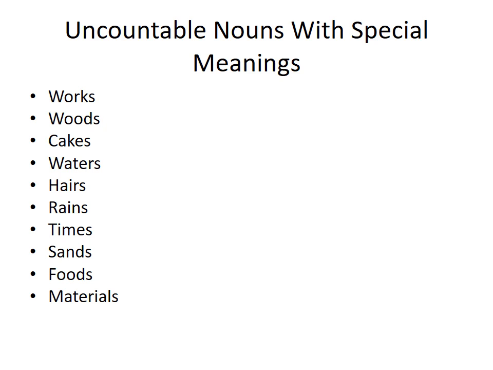The second way of making uncountable nouns countable is by adding the plural suffix s. For example, work ordinarily should not take the plural suffix s to make it plural. But in this case, the plural suffix s is added but gives it a special meaning.